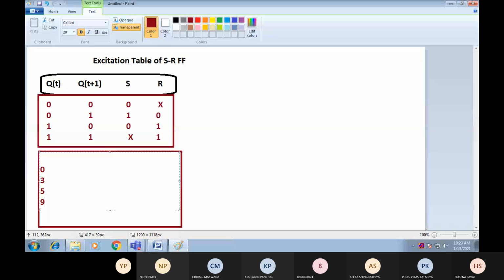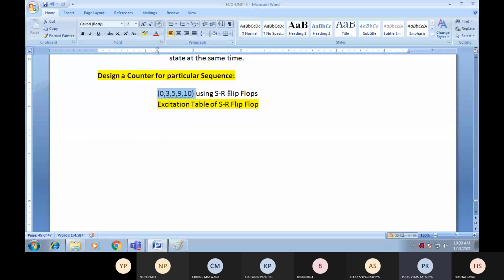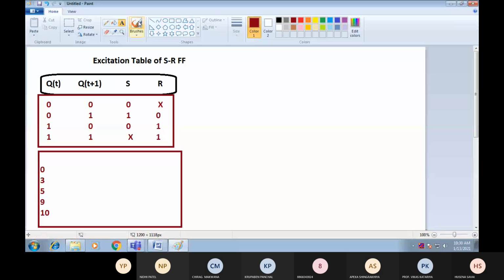We have been given here that you have to design a counter by using SR flip-flop, and your counter should be designed for the 0, 3, 5, 9, 10 sequence, right? So first you should write the decimal values or sequences in this way. That is the first task you have to do. Find out the binary values for the decimal values.